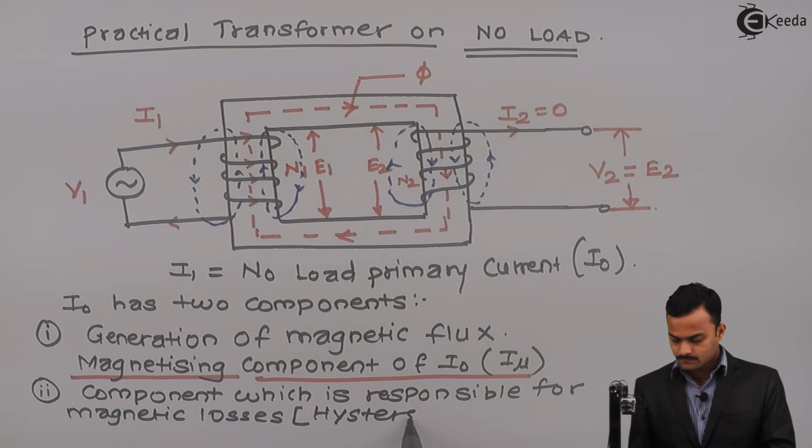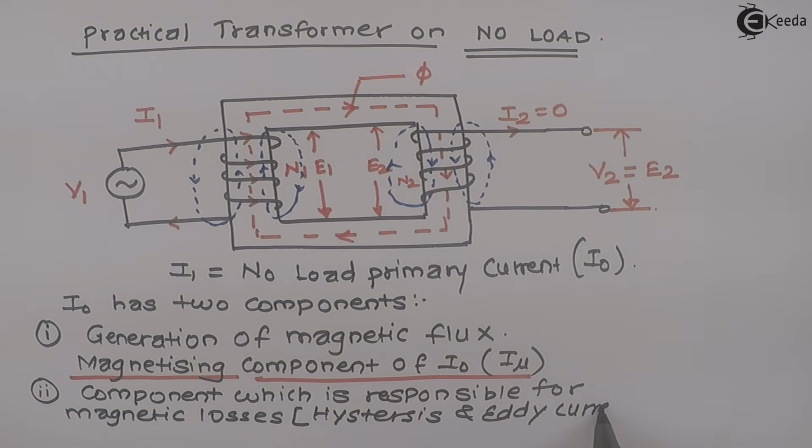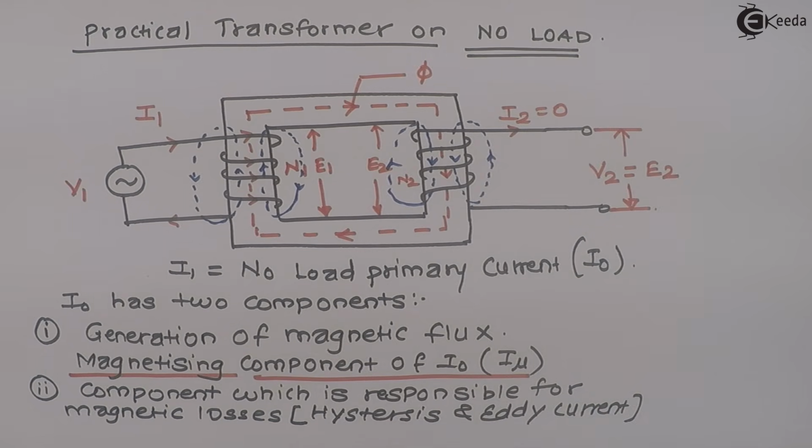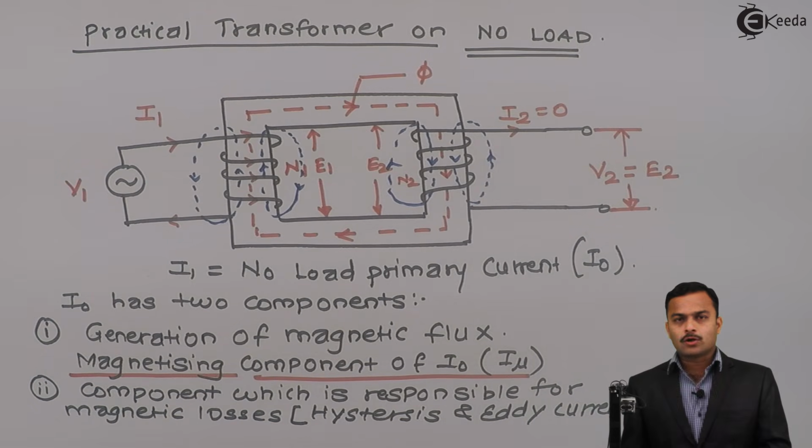Hysteresis and eddy current. Along with the magnetic losses, there will be some primary side copper losses.